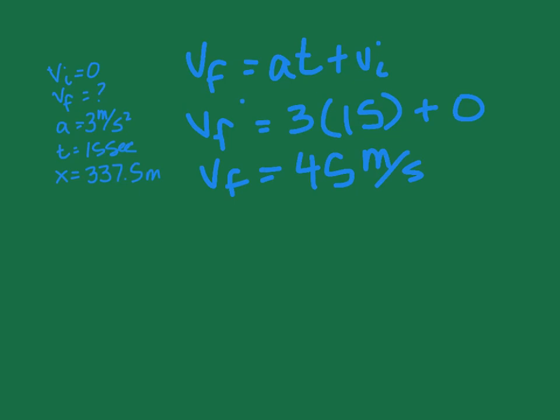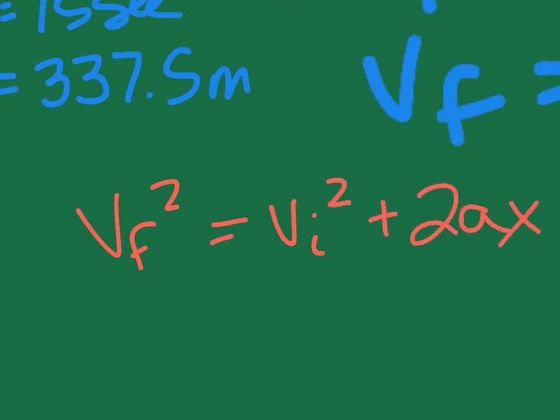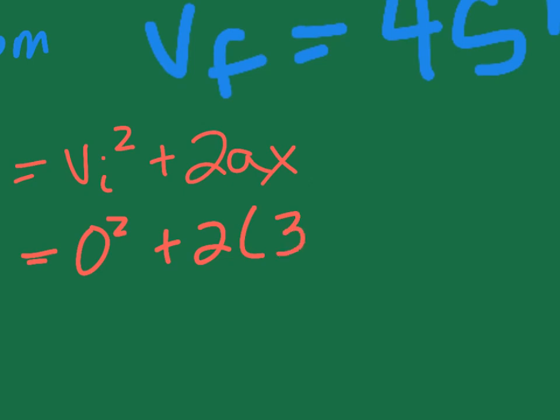All right, let's try it the other way. Let's try it with V final squared is equal to V initial squared plus 2AX. Okay? So we're looking for V final. That squared is equal to our initial velocity, which was 0, squared, which is still 0, plus 2 times our acceleration was 3, and our distance was 337.5 meters.